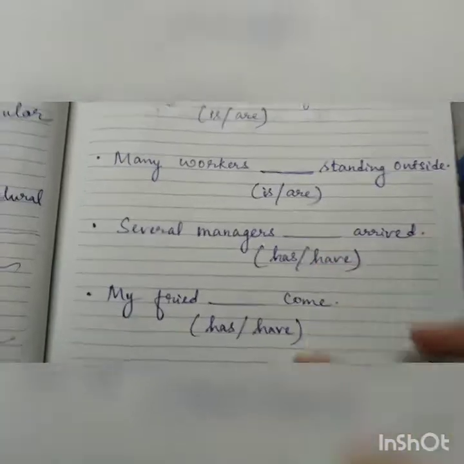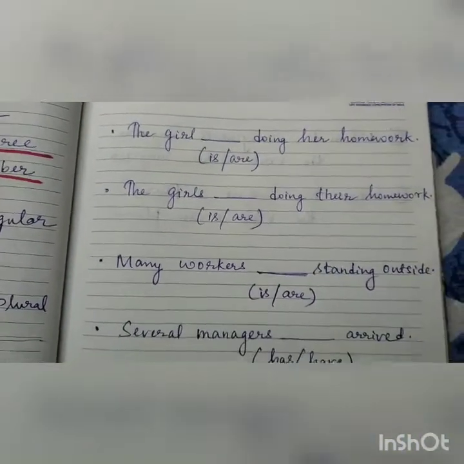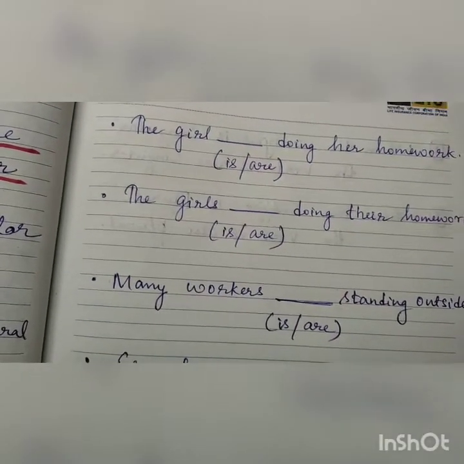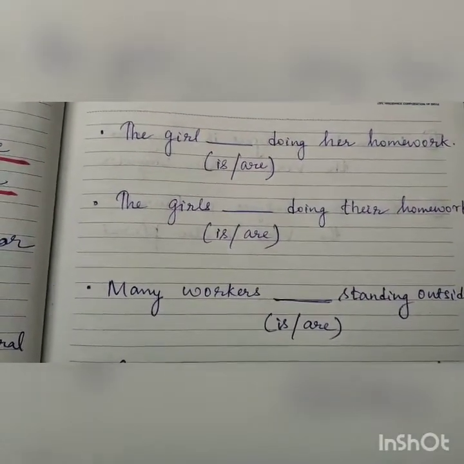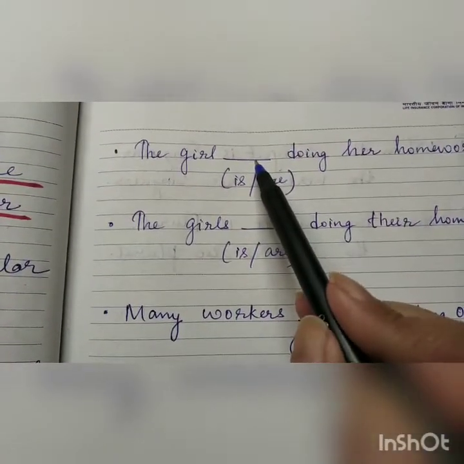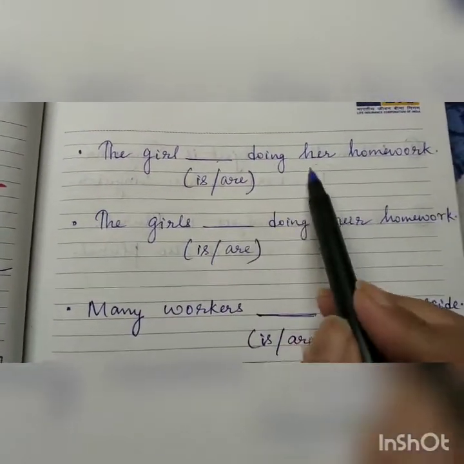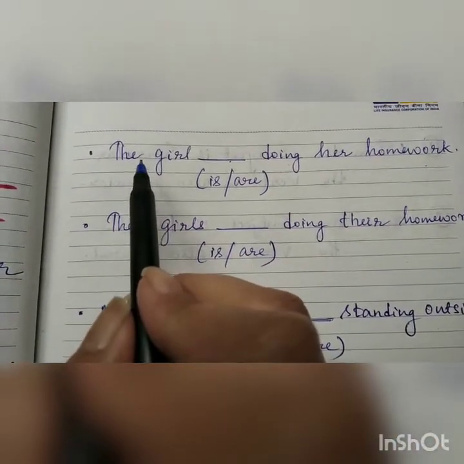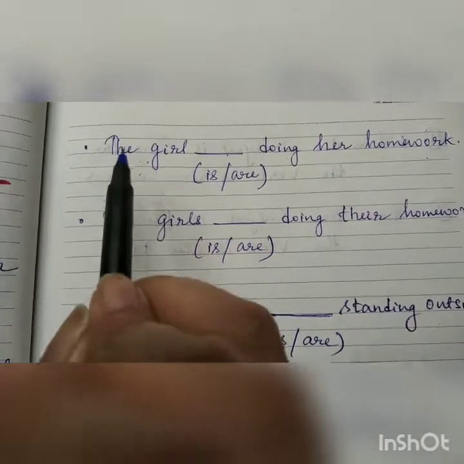Now, look at these sentences. The girl dash doing her homework. Now, we need to see the subject. The subject is the girl.